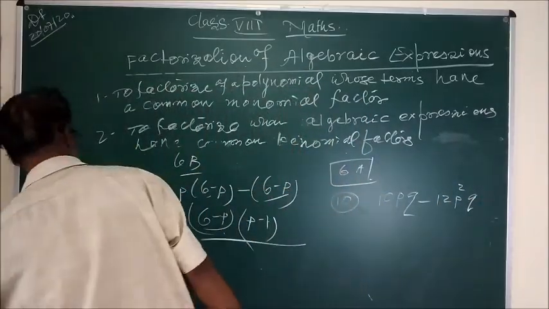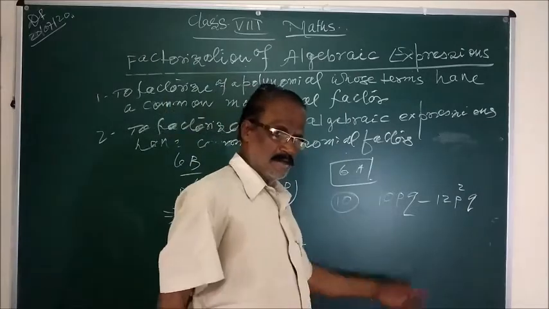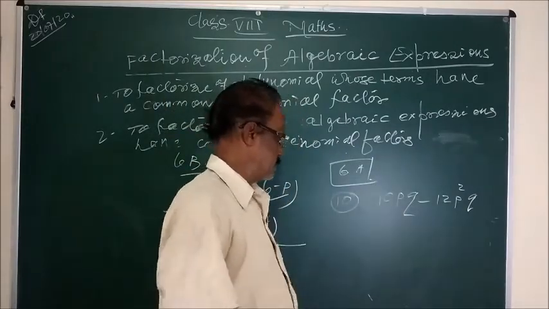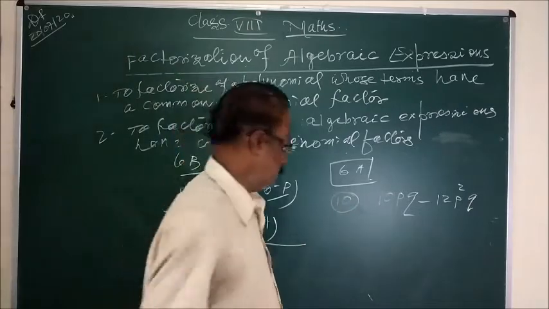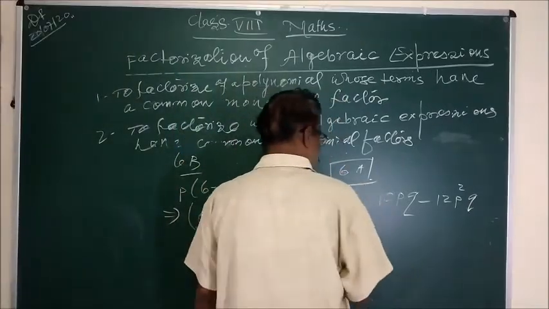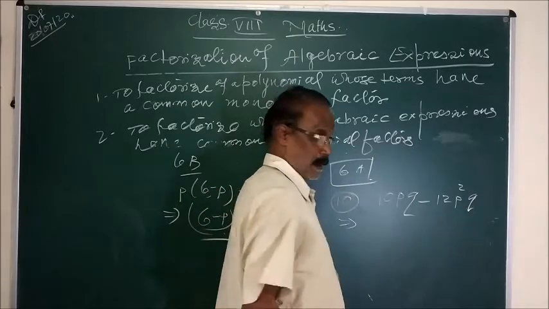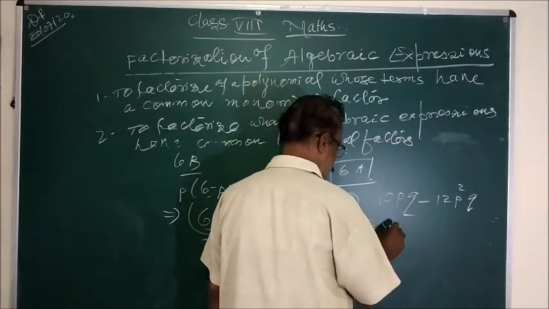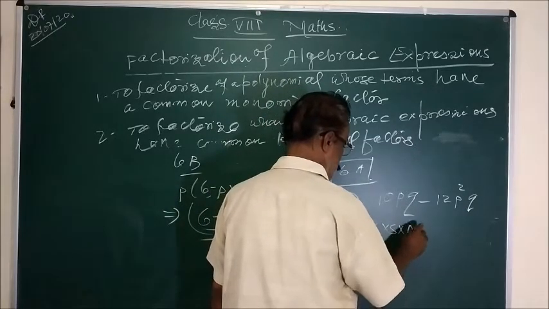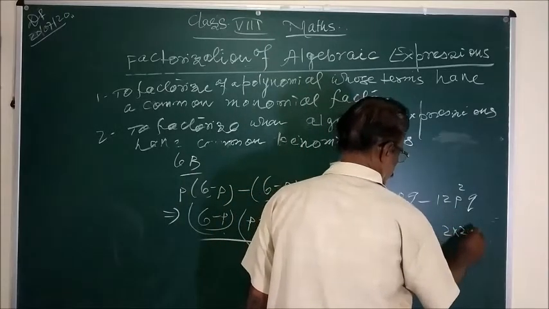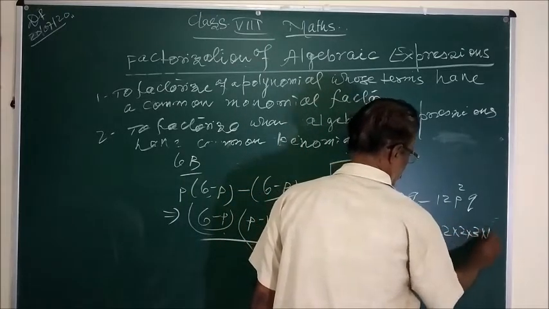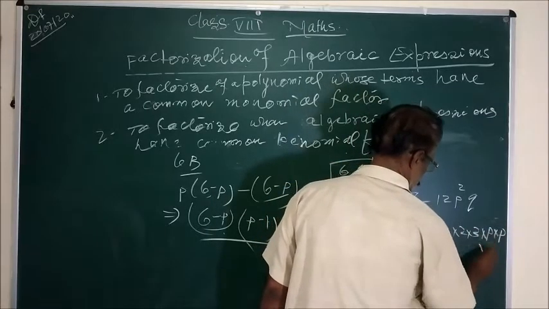You have to factorize. This is a binomial because you have 2 terms, 10pq and 12p square q. Now you factorize these two. Factors of 10: 2 into 5 into p into q. And similarly 12: 2 into 2 into 3, p square means p into p, and into q.